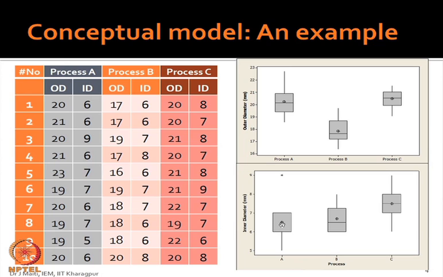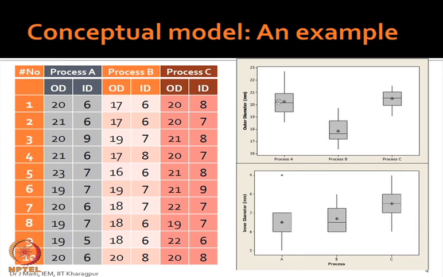You find the mean inner diameter for process A is this one, for process B is this, for process C is this one. Apparently, for the differences in means between the three processes, perhaps process A and B means are not different, but process C is different from process A and B. If you see the outer diameter case, here the mean differences between process A and C are maybe not significant, but process B is different from both A and C.